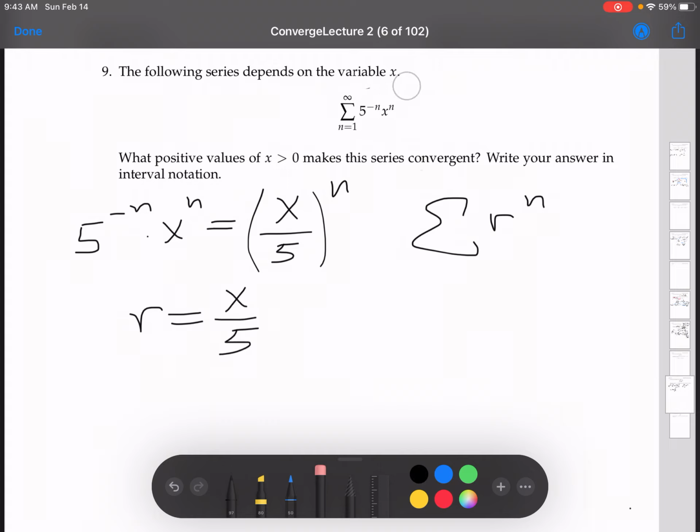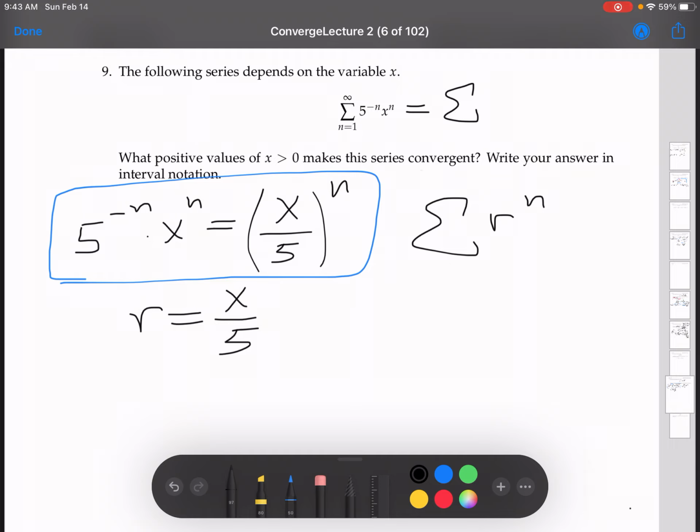There's another way we can see this here. Using my work that I've done right here in blue, we can rewrite the series we're given as x over 5 to the n.